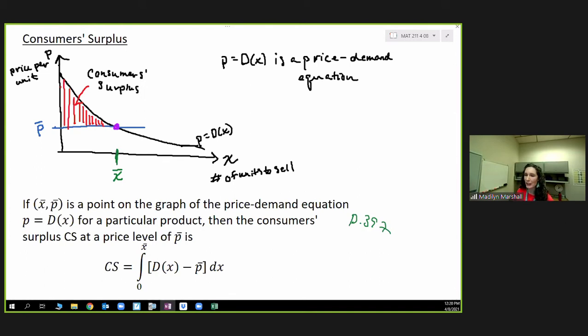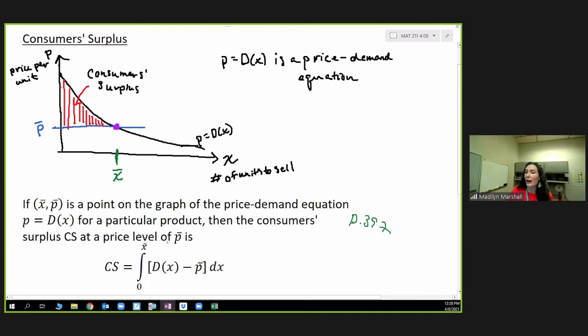And we are looking at a price level of P bar. So we have the price demand equation P equals d of x for this product. The consumer surplus at a price level of P bar. P bar is going to be that lower price. Consumers are spending less than they are willing to.